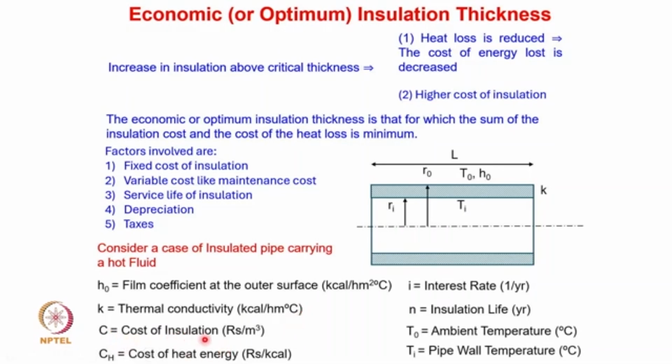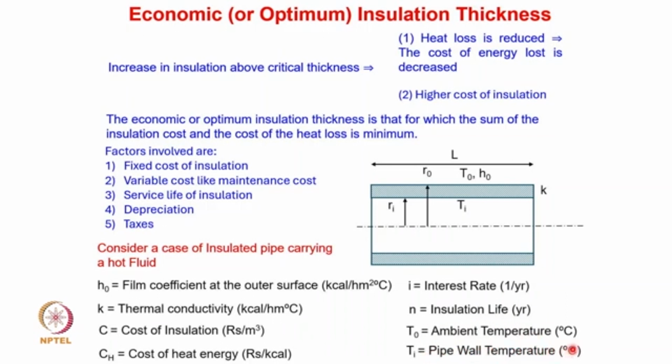C is the cost of insulation, given as rupees per meter cube, and CH is the cost factor of the energy, given as rupees per kilocalorie. Here I is the annual interest rate, N is the insulation life, T naught is the ambient temperature, and Ti is the pipe wall temperature.